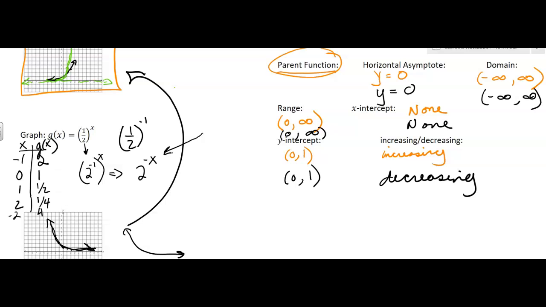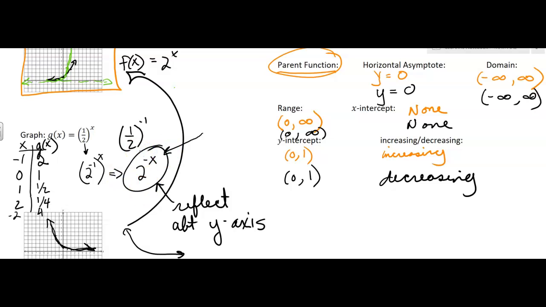It makes it reflect about the y-axis. Not the x-axis, okay, but the y-axis. So if you look at the 2 to the x, f of x was 2 to the x up here, that's what's happening. This one is reflecting about the y-axis, okay? We're going to talk more about that when we talk about reflections, but I just wanted to point that out there.